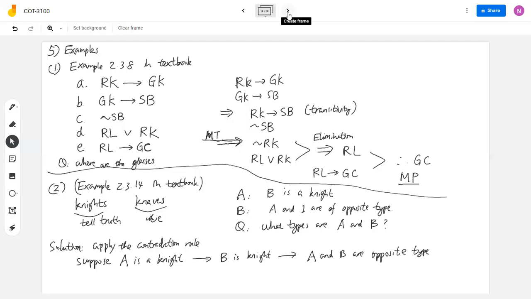Of course, this is absurd. Our argument is a valid argument, so the only possible problem is our assumption. So our premise that A is a knight is wrong, and our conclusion is A is a knave.